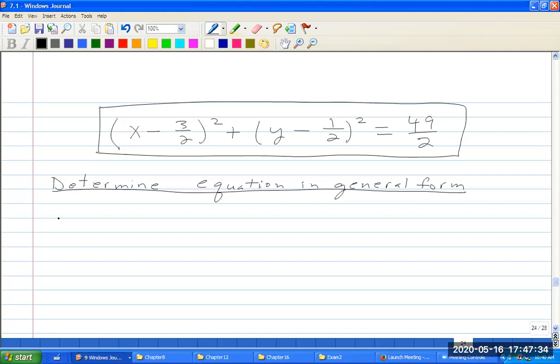So it's just going to be x squared minus 3/2 times x times 2 is a minus 3x plus 3/2 squared is 9/4, plus, let's square this, y squared. Y times negative 1/2 times 2 is minus y. 1/2 squared is 1/4, equaling 49 over 2. Let's multiply everything here by 2.